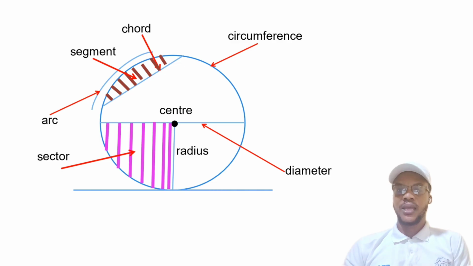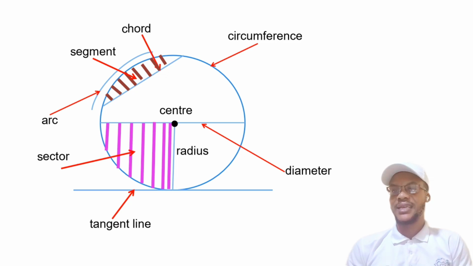All right. Then we also have this line which touches one point at the circumference of the circle. What name is given to that? We call it the tangent line. So a line that touches one point at the circumference of the circle is what we call a tangent line.